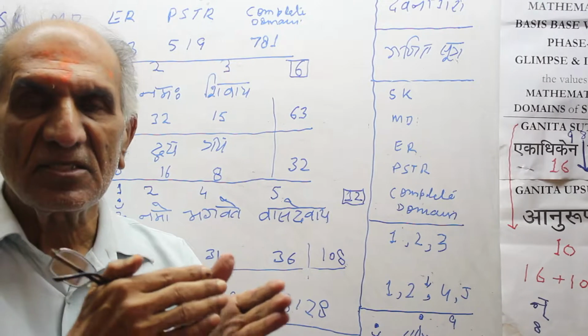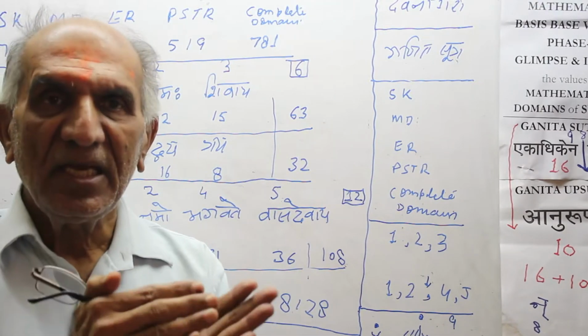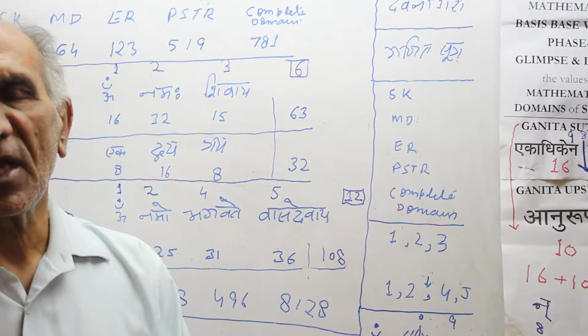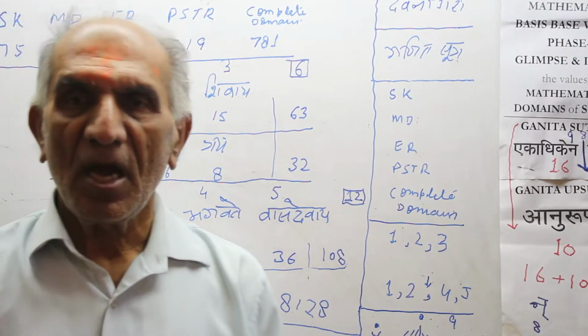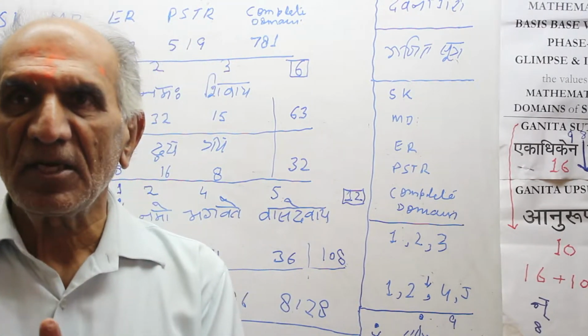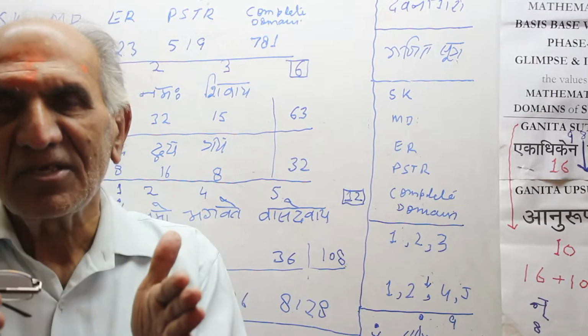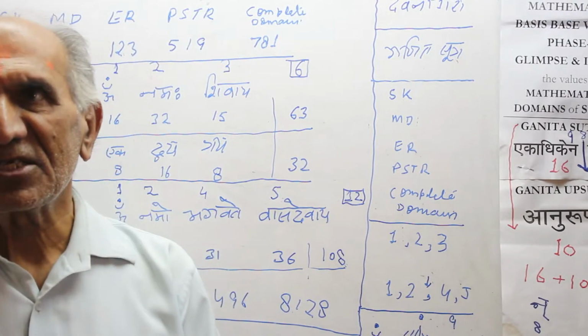The processing steps range of Ganita Sutra 3 is in terms of the first three letters of the text of Ganita Sutra 3. Like that, the processing steps range of Ganita Sutra 16 mathematical domain is in terms of the entire text of 16 letters of Ganita Sutra 16 itself.